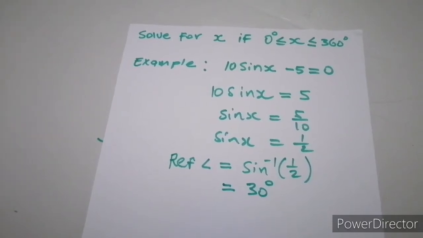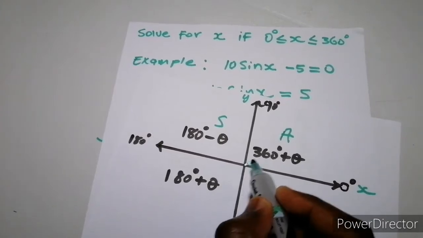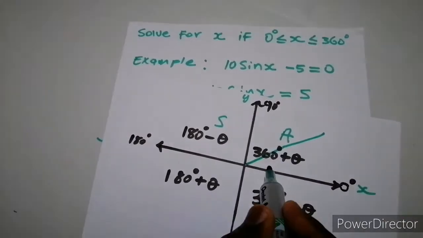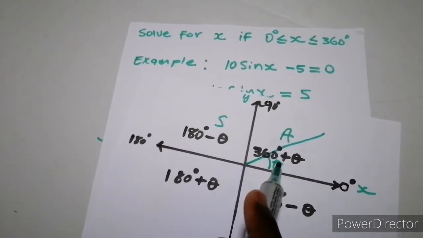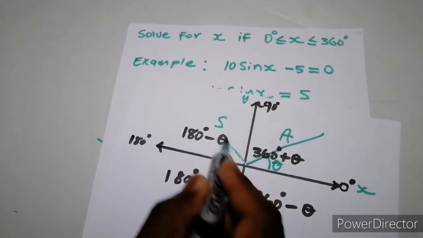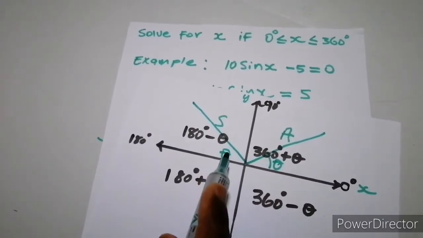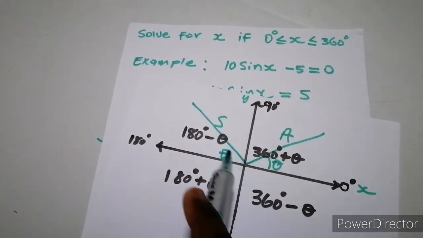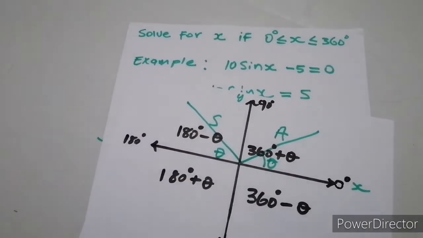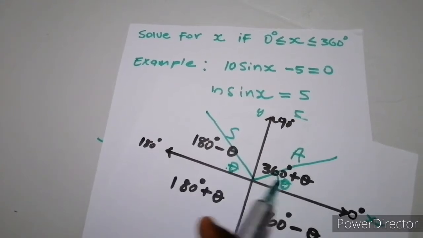Now, this means that if the arm is drawn in this quadrant, for example, theta will be here. That is the reference angle. And if the arm is drawn in that quadrant, theta will be here. Remember, the reference angle is the angle between the x-axis and the arm. Now, we found this reference angle is 30 degrees.